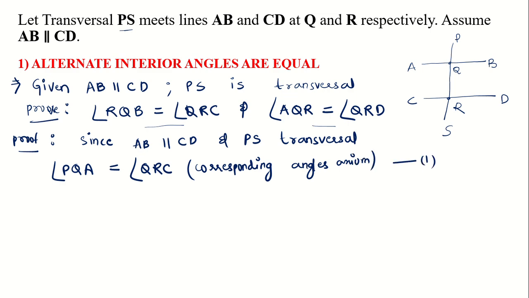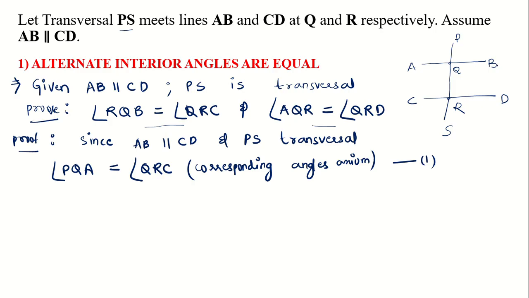You need to remember one thing: when two lines are parallel and are cut by a transversal, as you can see here, we have a few conditions. The very first is corresponding angles are always equal.